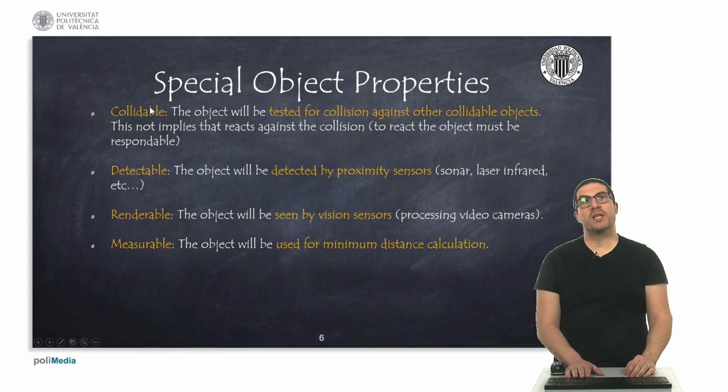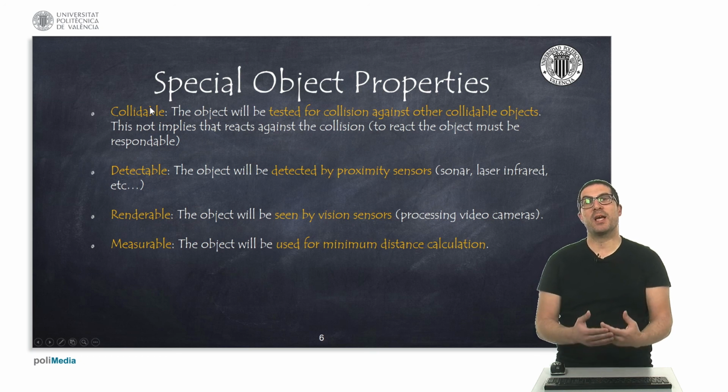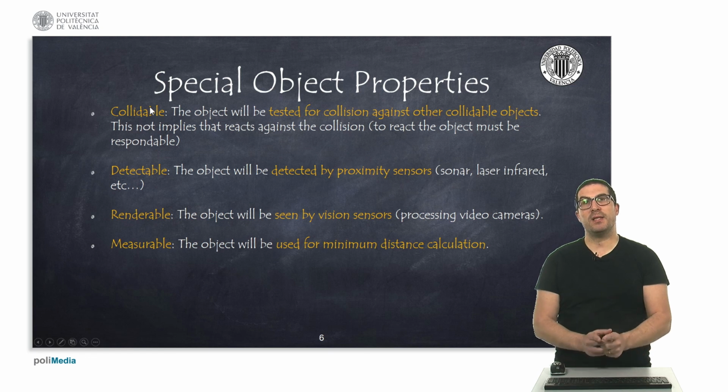Objects also have special properties, and these properties are very important in order to control the way we execute our simulation. Specifically, the most relevant is the collidable property, which means that if we activate it, the object will enter into a list of objects that can collide, which means that it will be used in order to detect possible collisions with other objects, but it does not imply that they will react.